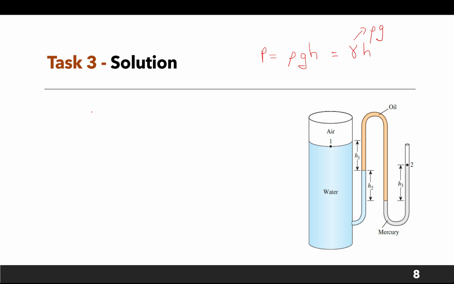So we start from point 1, that's the interface. Then remember, let's take these sections out. We have common sections here. So going up here and then coming down here, this is positive, this is negative.